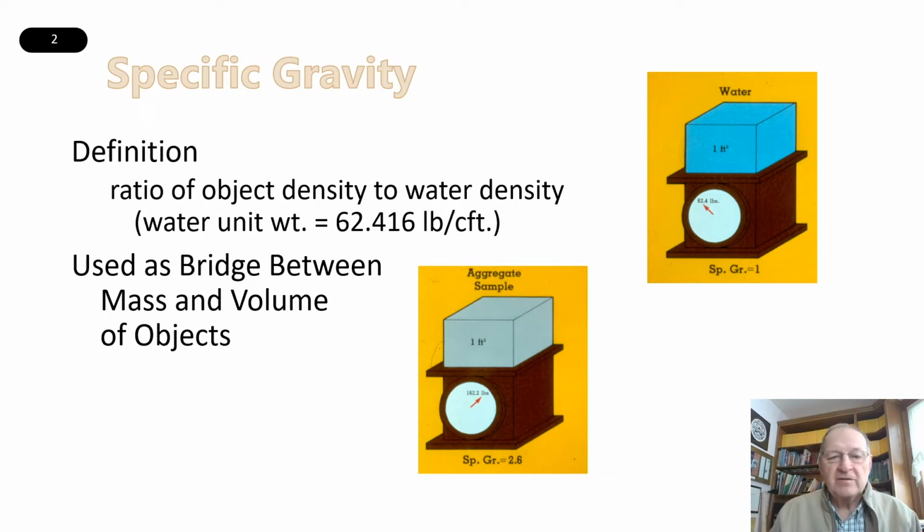So as a result, we say its specific gravity is 2.6. Specific gravity is used as a bridge to convert mass or weight into volume as part of mix design.